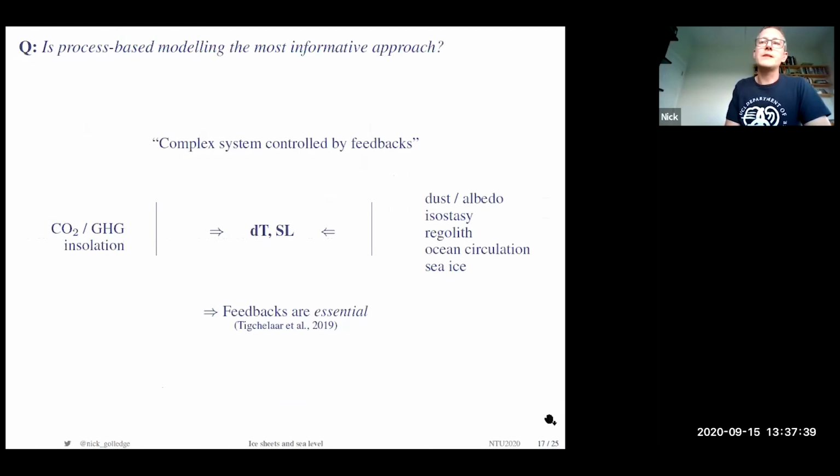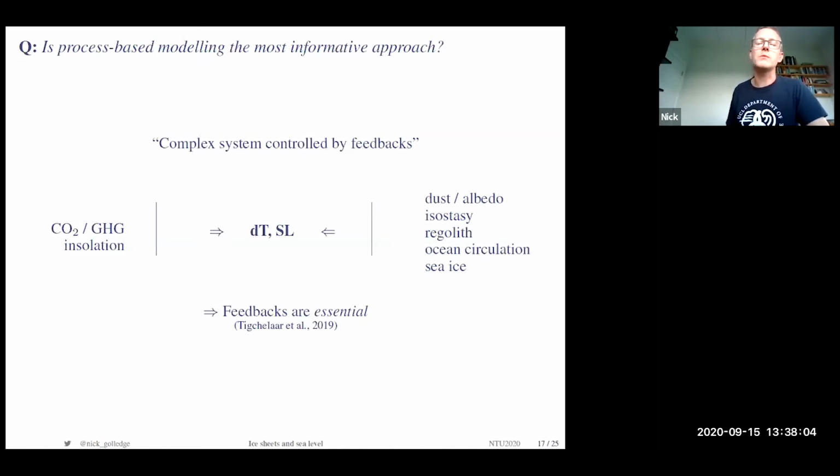When we think about these systems, we tend to think of them as complex systems that are controlled by feedbacks. And this is a sort of get out, really, because we can only do so much with process-based models. We can put various things in there, and anything that isn't in there can be used as an excuse for not getting the right answer. And of course, we can't have models that include everything.